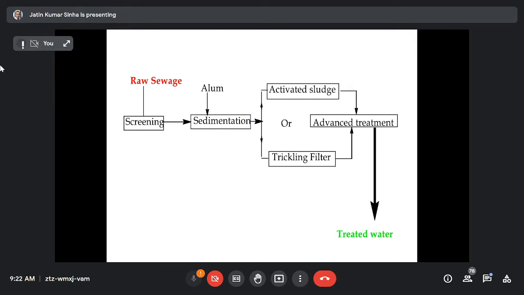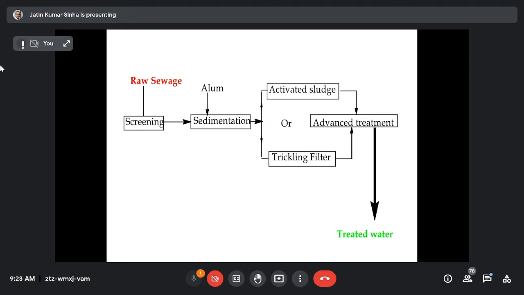If you see the sewage water treatment, the first step is screening. Screening is just the physical separation of impurities from the water. The physical impurities like plastics and wood can be removed simply by going through a normal filtration process.